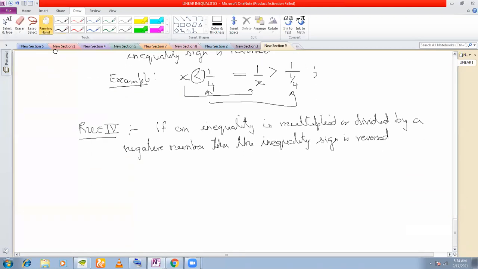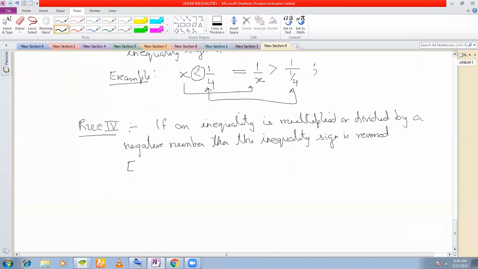Okay. So what does this mean? This is a very important rule, because it will help us solve a lot of inequalities.